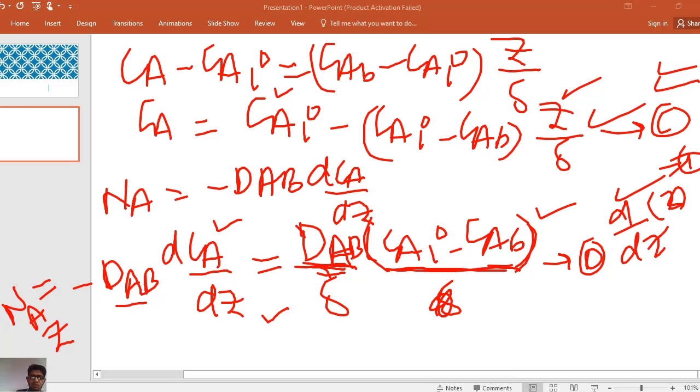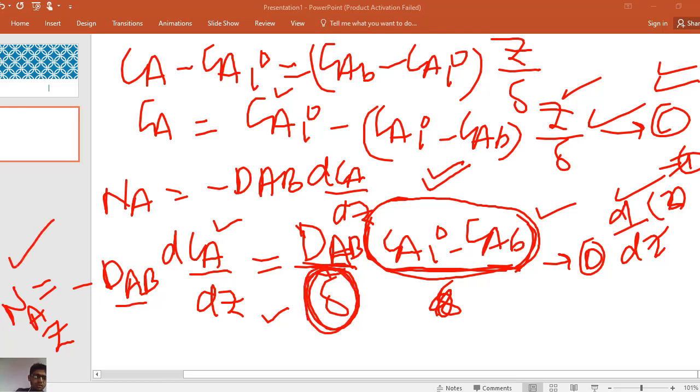This is the concentration gradient, this is the resistance to the gradient, the thickness, and this is the flux of A in the Z direction.